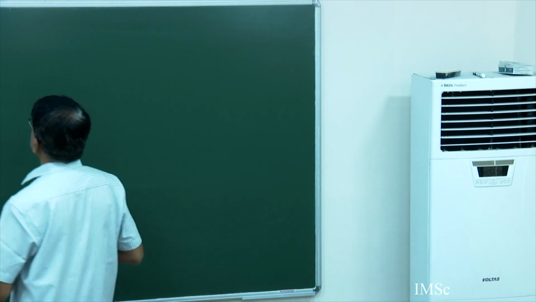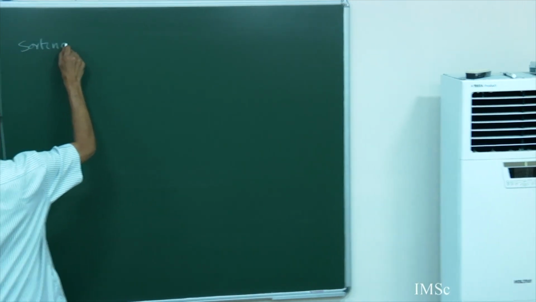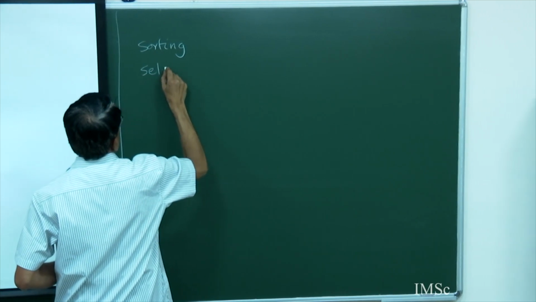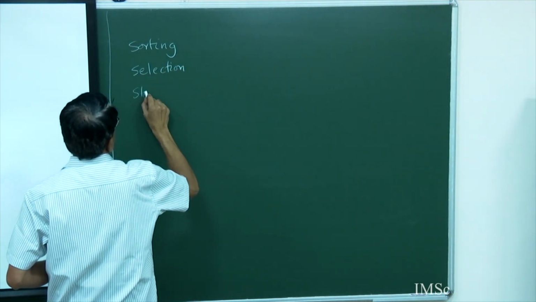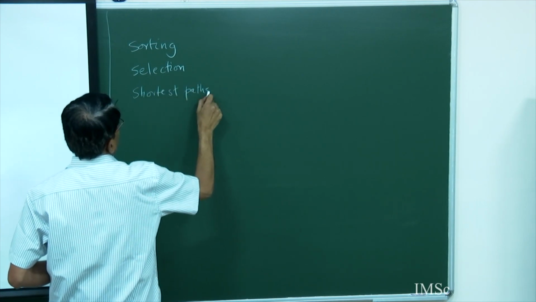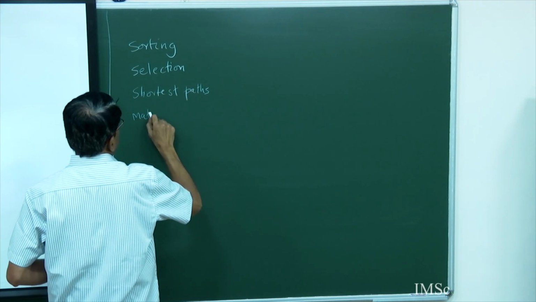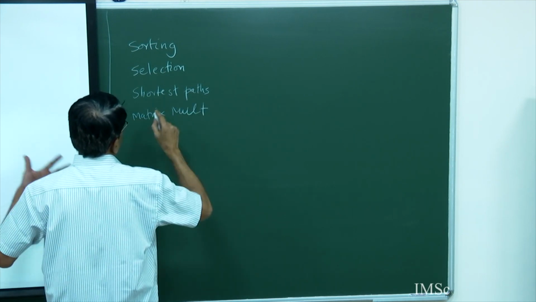And so we have seen problems like sorting, selection, shortest paths, matrix multiplication, and I am just summarizing whatever we have seen, right?